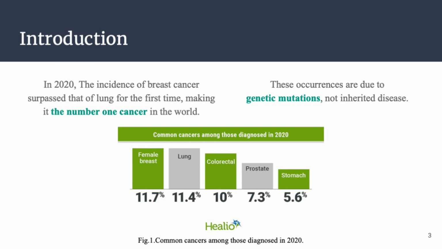About 85% of breast cancers occur in women who have no family history of breast cancer. These occur due to genetic mutations that happen as a result of the aging process and life in general, rather than inherited mutations. So it is essential to address this issue effectively.